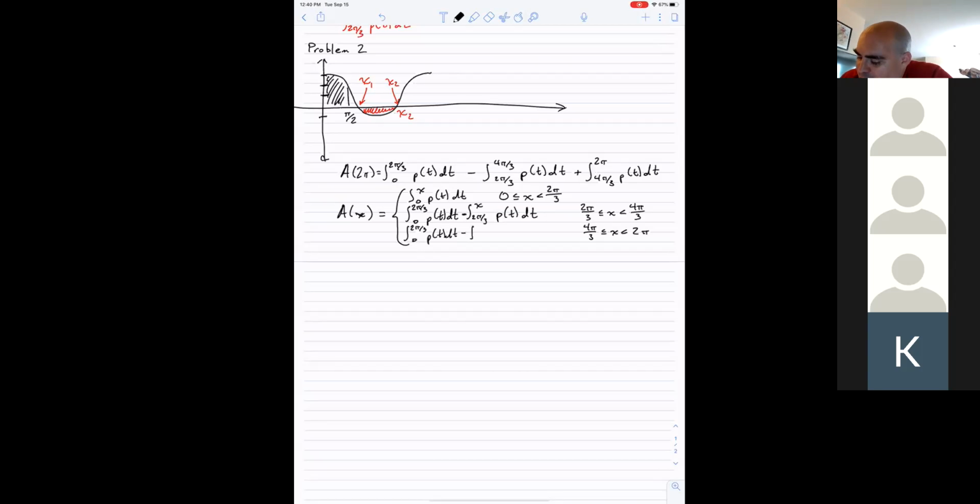I'm still going to have minus this negative integral. But instead of putting the variable there, I'm going to sweep it all the way to 4 pi over 3. And then I finally have to include my current interval from 4 pi over 3 to x with p(t) dt. So those are two good ways to represent that area there. Any questions for that one?